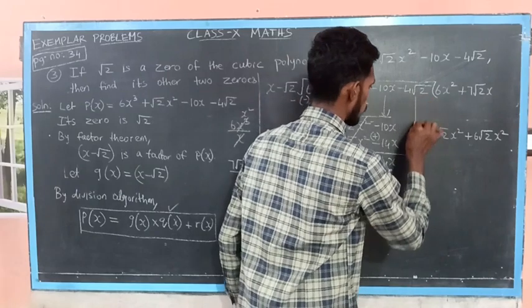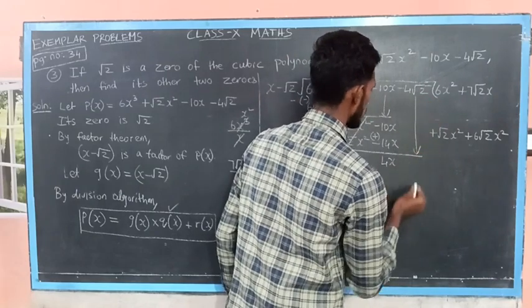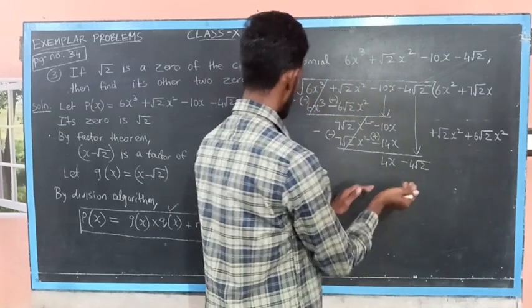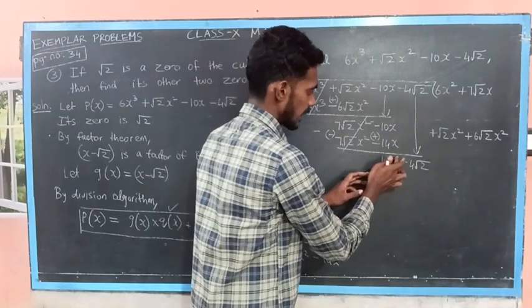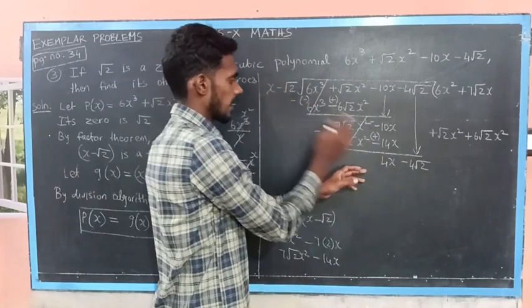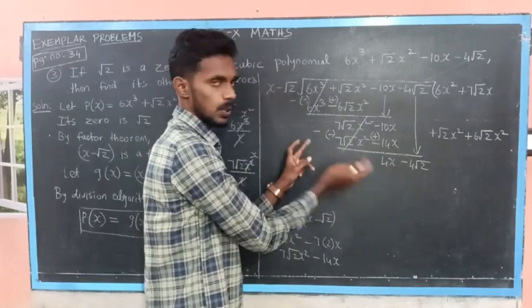Then drop down the last term, minus 4 root 2. So this is the new dividend. See the degree here, it is 1, and the divisor degree is also 1, so they are the same. So we have to continue the division.